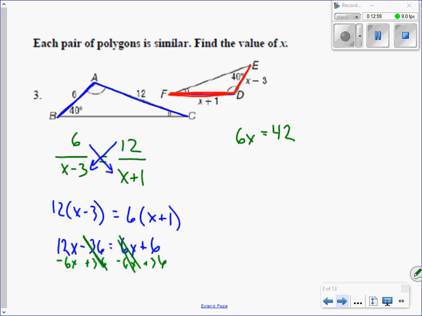Equal sign stays in the same place. So divide by 6, and 6 times 7 is 42. So my x value should be 7, and that does answer what they ask. Sometimes they'll ask for the lengths of the sides of the smaller triangle, and you got to plug that x value back in. But not today. They just ask for the value of x.